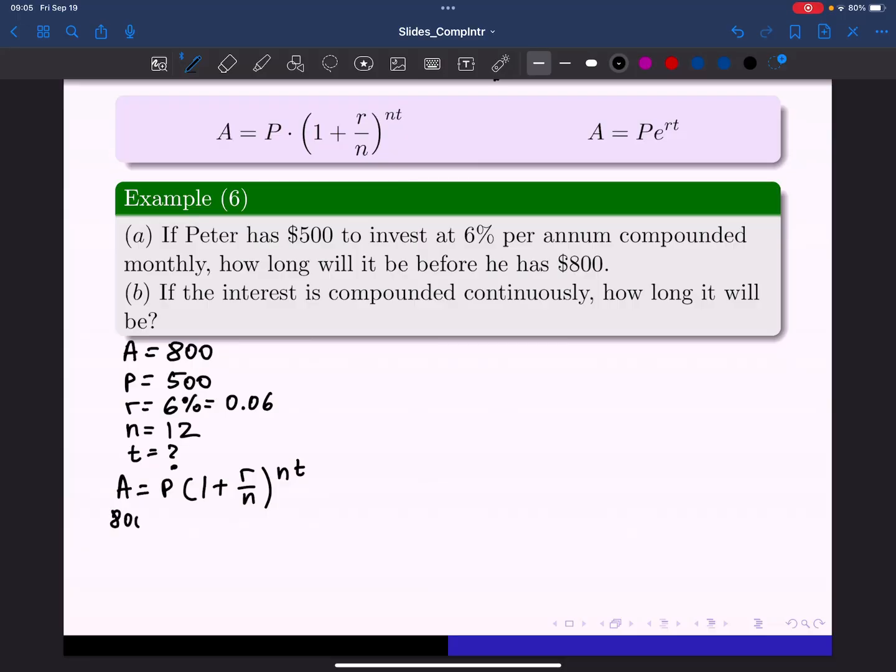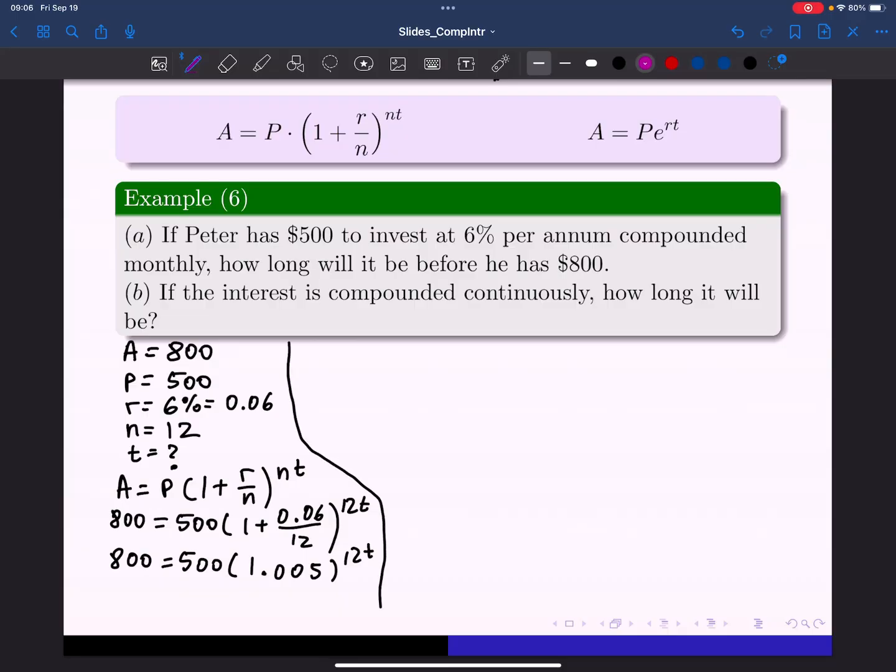So we have 800 is equal to 500 times 1 plus 0.06 divided by 12 to the power 12 times T. So first we would divide 0.06 divided by 12. That gives me 0.005 and then add that one. So what we have is 800 is equal to 500 times 1.005 to the power 12t.